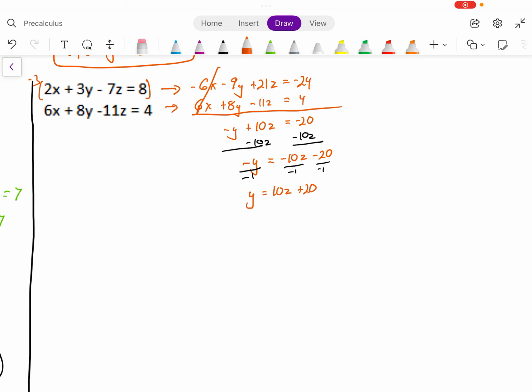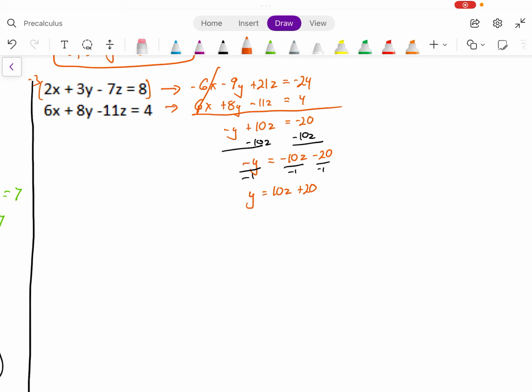All right, now what we do is we are going to assign a different variable for z, which is the one that we didn't solve for. Okay, so we solved for y. So actually we eliminated x, then we solved what we had left for y, and we're going to assign a variable for z.